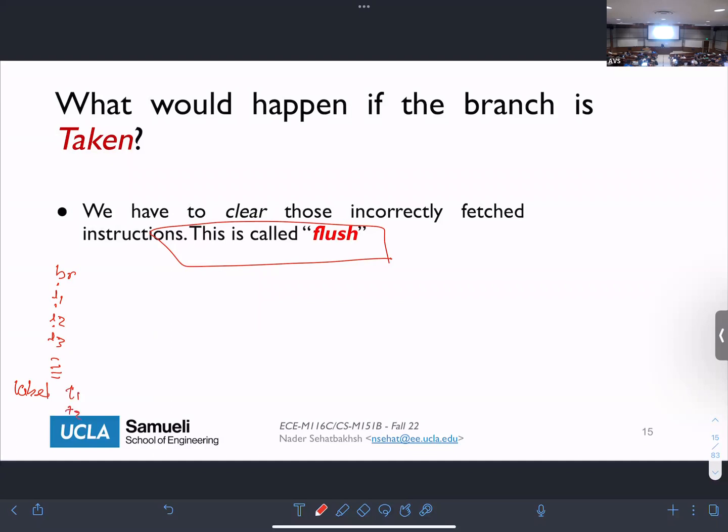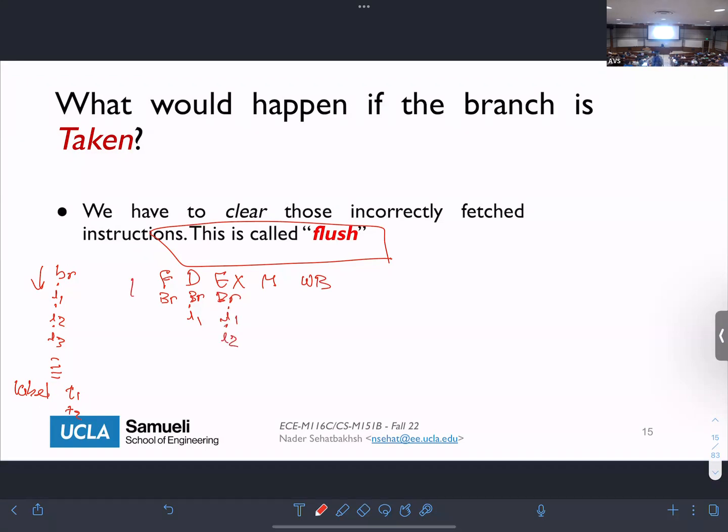So with the not taken scenario, if we do fetch, decode, execute, memory, write back, we will have the branch here, and then we will fetch I1, which we shouldn't have, but we do. Then we put the branch here, and then I1 here, and then I2 here.